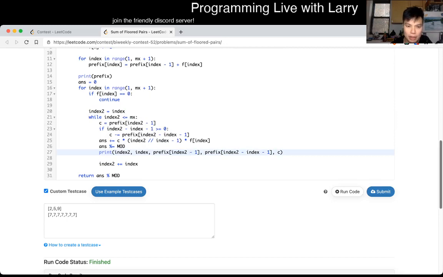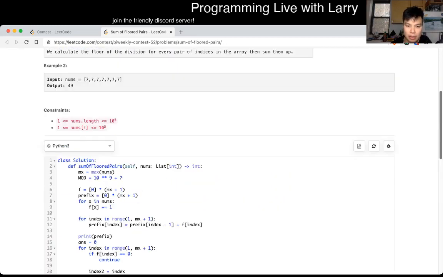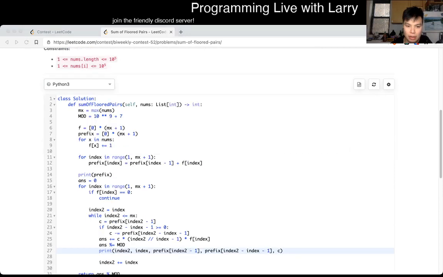So for ones, how many ones are there for 7? Index as well.